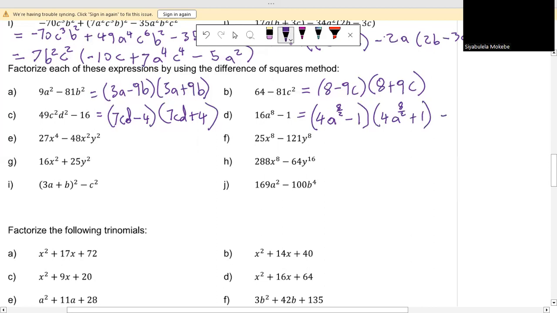Now this is equal to 4a to the 4 minus 1, then 4a to the 4 plus 1. Now notice that 4 is still a square, a to the 4 is a square, 1 is a square. So this is difference of squares. So it means we can still continue.